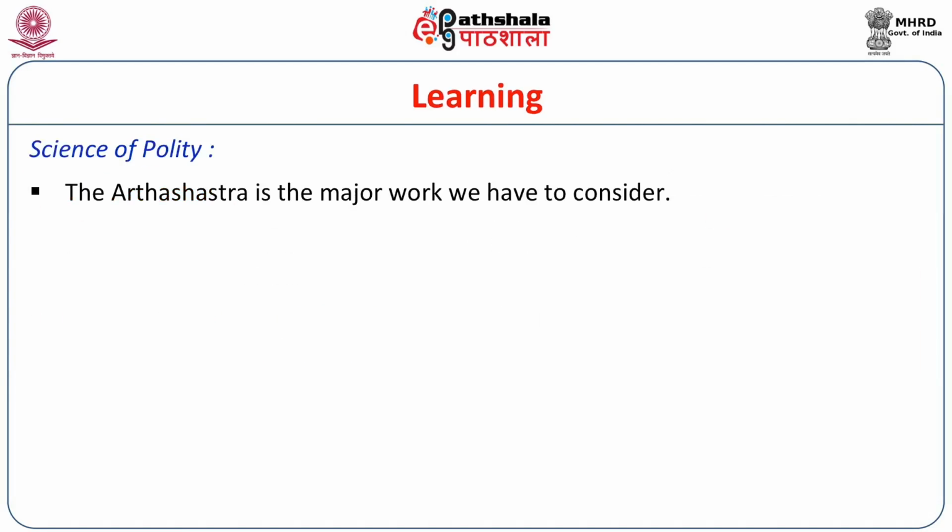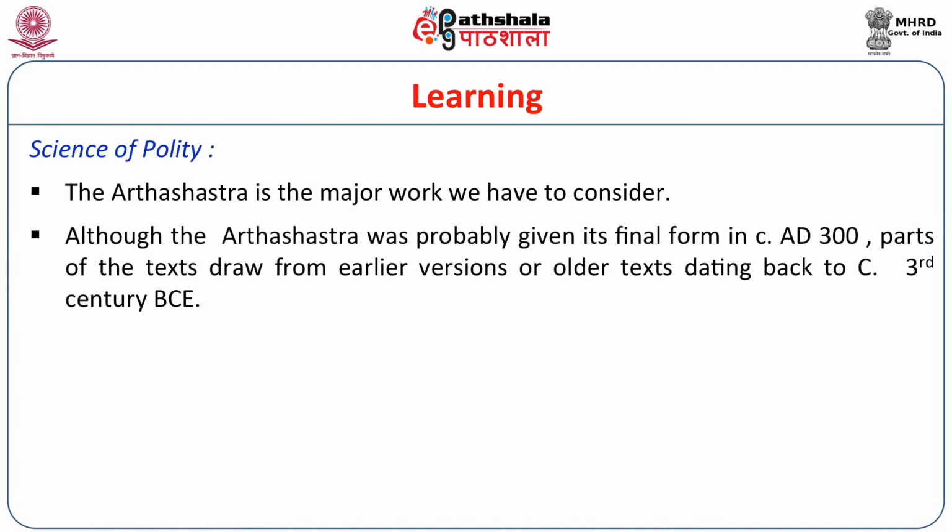In the science of polity, Arthashastra is the major work that we have to consider, and we can be certain that the text was completed around 300 CE, but some portions of the text surely go back to the Mauryan period.